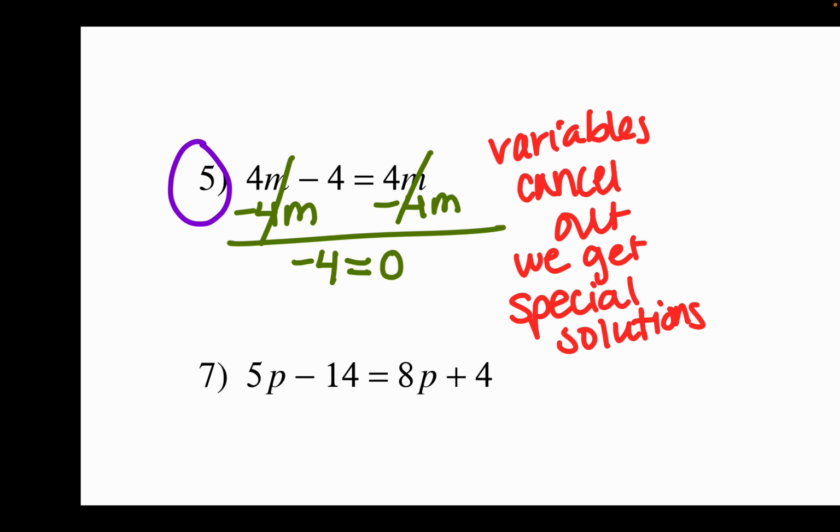This is the special solution that we call no solution, because negative 4 is not equal to 0 and it never will be. So that's why it's a special solution. And that only happens when your variables cancel out on both sides.